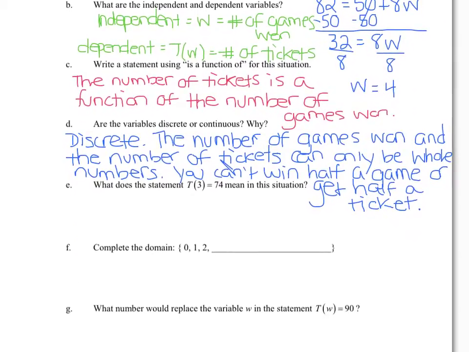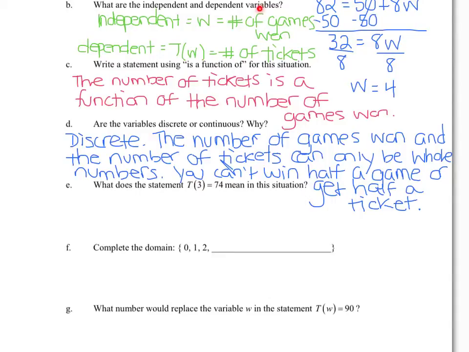All right, next. What does the statement T of 3 equals 74 mean in this situation? So remember, T of 3 is our number of tickets, as you can see up here, and W, which is on the inside, 3, is the number of games won.